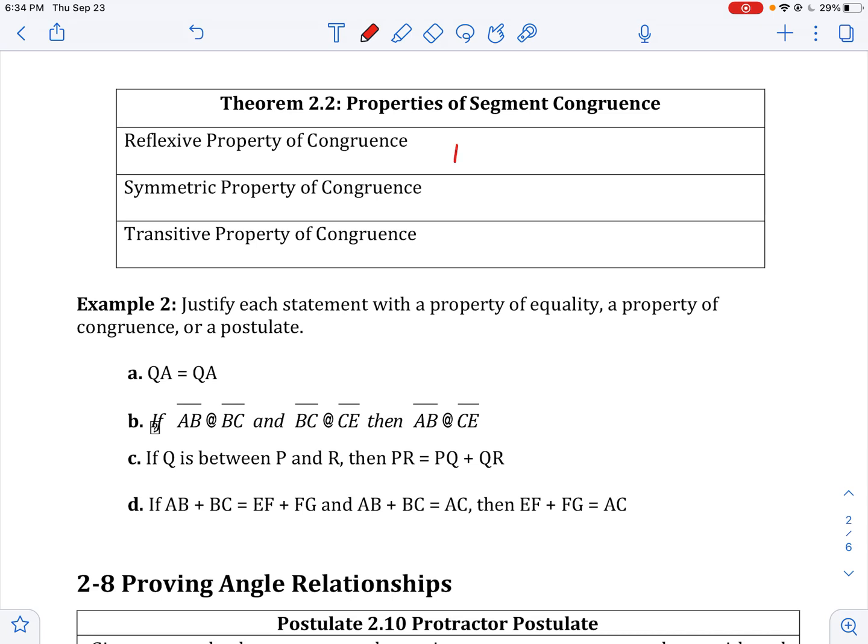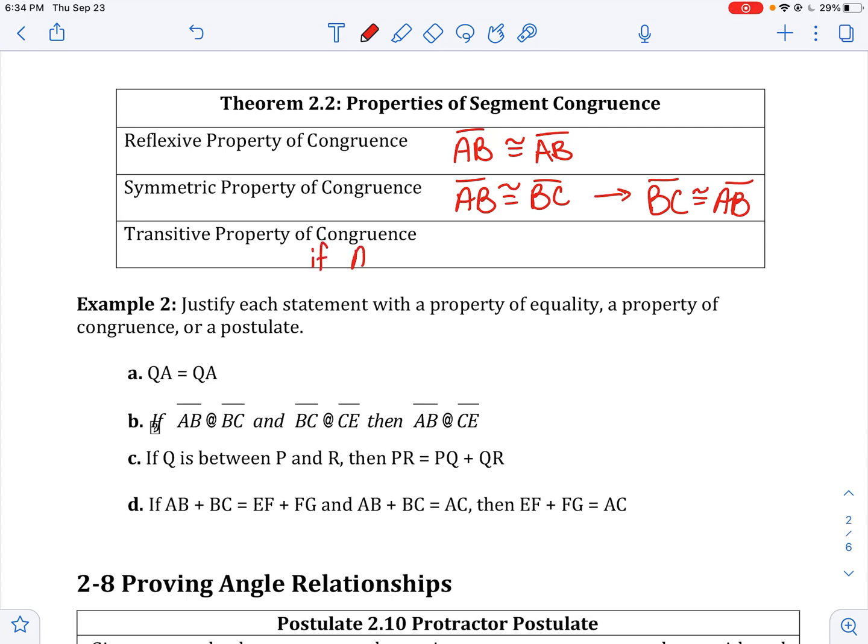Okay, so we know the reflexive property and the symmetric and the transitive property for equality, but what does it look like for congruence? It's basically the same thing, except you use segments instead of numbers and letters. So the symmetric property says that if AB is congruent to BC, then BC is congruent to AB.